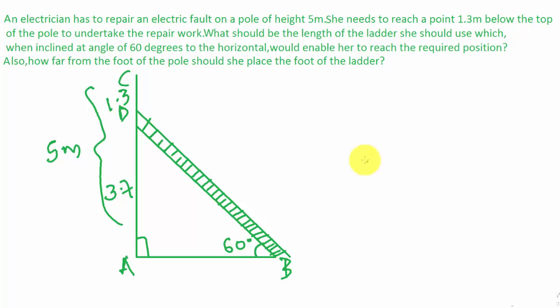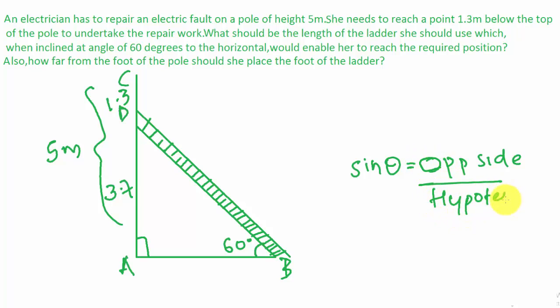Now, do you remember what sine theta was? Sine theta was equal to opposite side divided by hypotenuse. Sine 60 degrees is equal to opposite side, that is 3.7, divided by hypotenuse, that is DB.